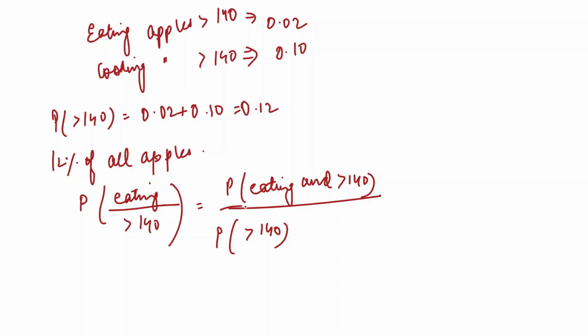This is the formula for conditional probability that we are using here. So we'll substitute the values. This is 0.02 over 0.12. When you solve it, it will be equal to 1 over 6. So that is the required probability which you have to find.